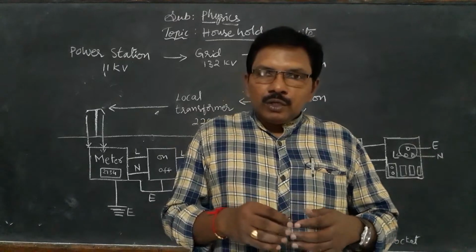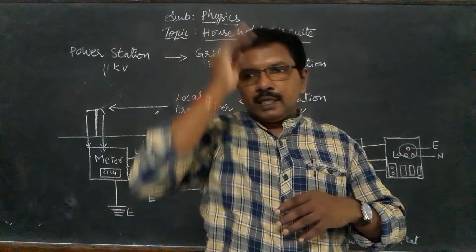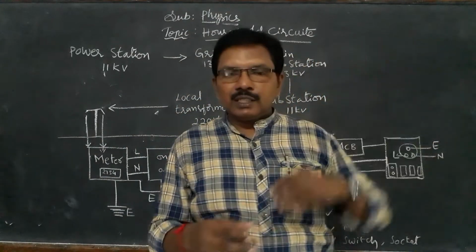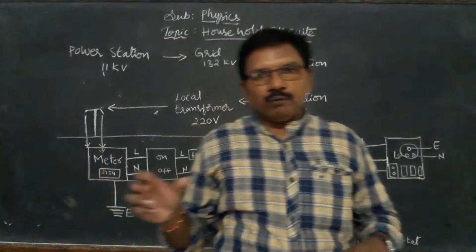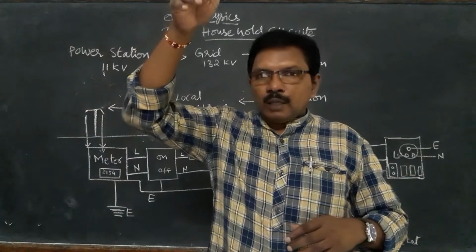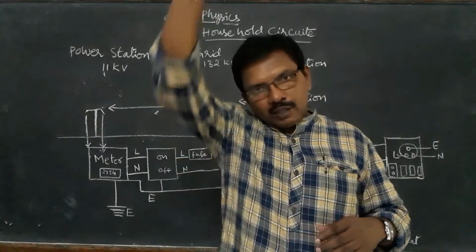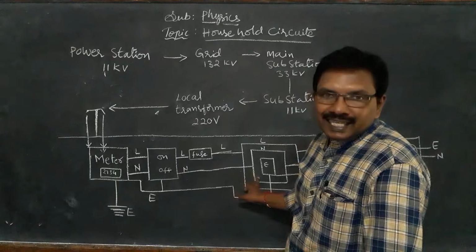So each one is individually connected: upstairs, side room, down room, or like that. We can see junctions near every room. From that junction, a line is drawn to the next room, to the same room, or upstairs. This is used as a junction.